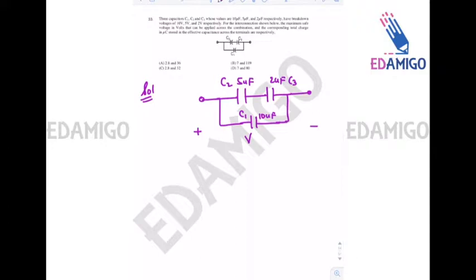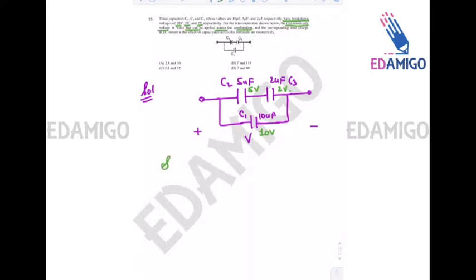The breakdown voltages of the capacitances are 10 volt, 5 volt and 2 volts. What can be the maximum safe voltage that can be applied across the combination?